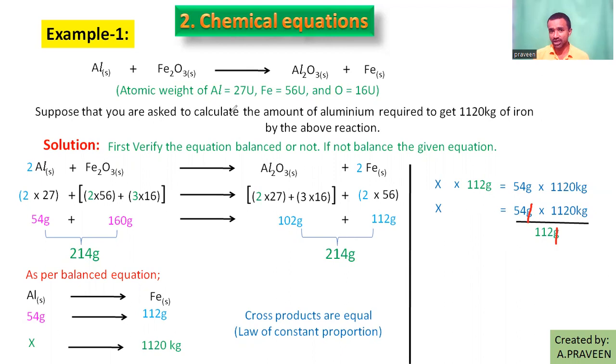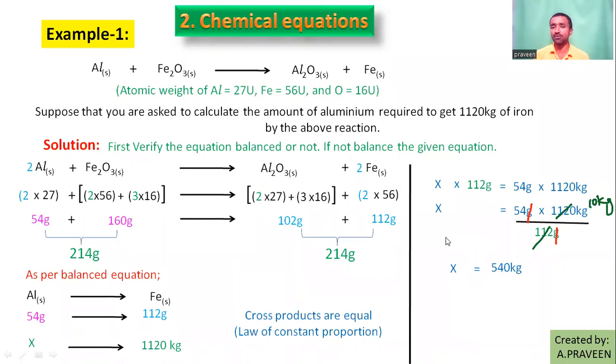Next, I can cancel 112 and 1120, 10 times, and kg remains. So what remains? X is equal to 54 into 10 kgs, which is 540 kgs.